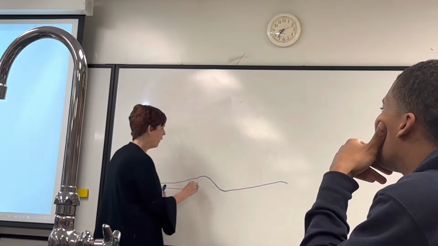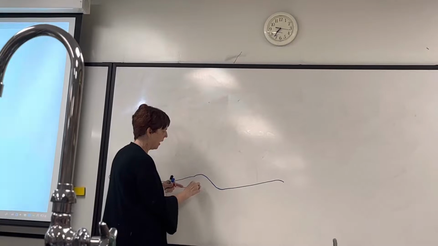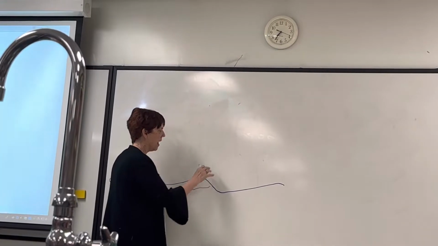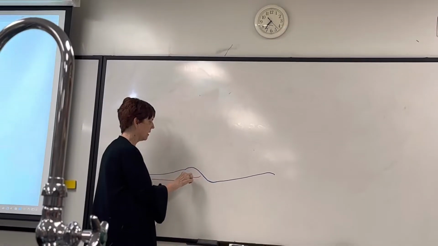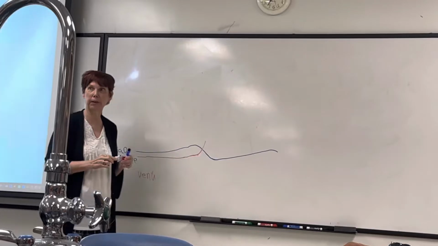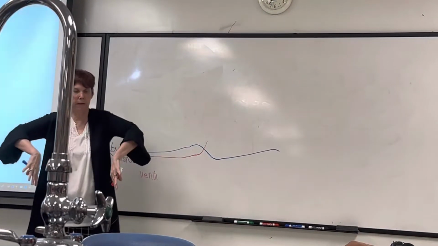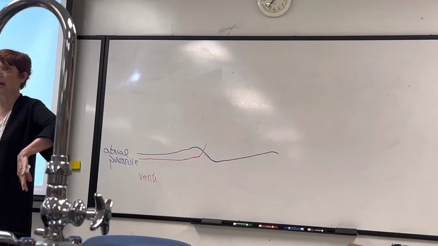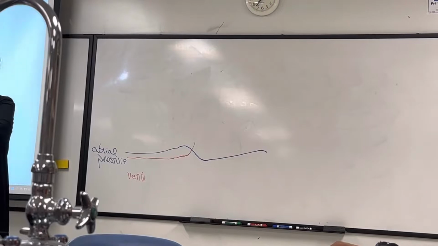That's what happens when the ventricles relax and blood is flowing into the ventricles. Then the ventricles start contracting, there's a slight rise, and we see the AV valves close as the ventricles start to contract. So ventricular pressure becomes greater than atrial pressure, and the higher pressure pushes on the backside of the AV valves and pushes them closed.